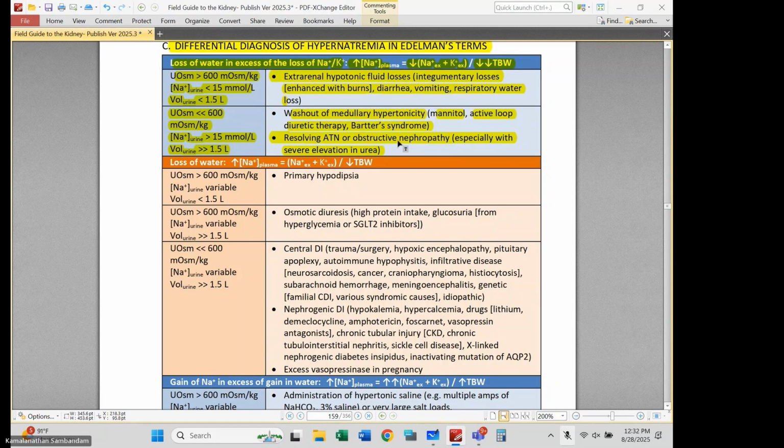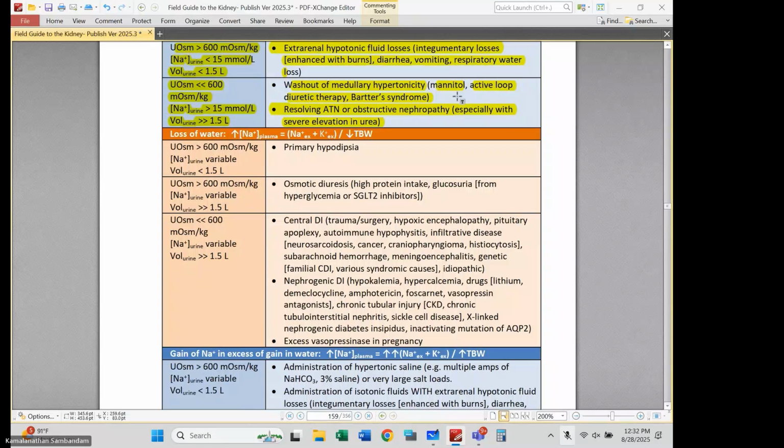One would predict you might worsen the hypernatremia by giving isotonic fluids to somebody who's losing hypotonic fluids in their urine. Okay?